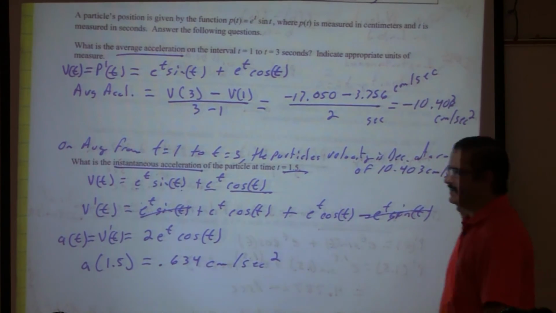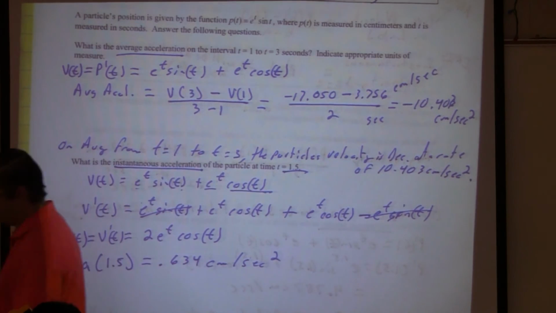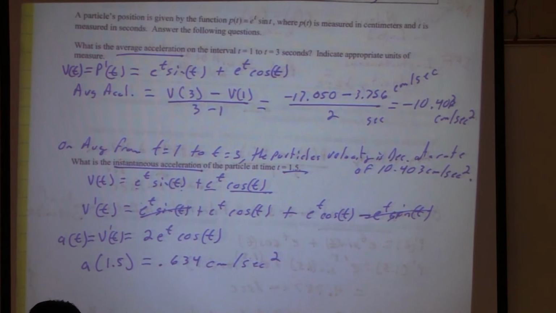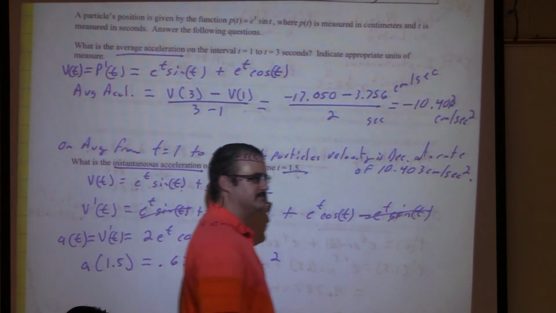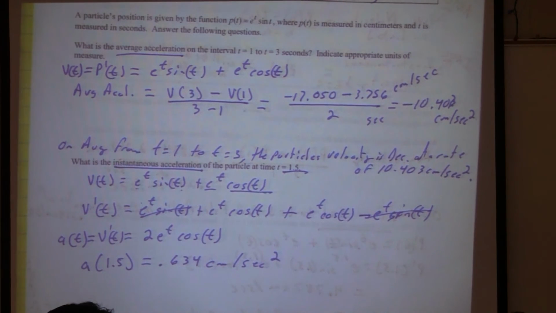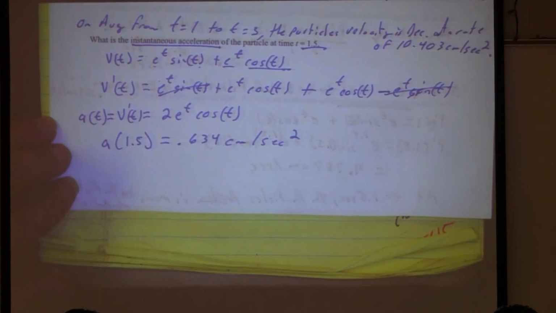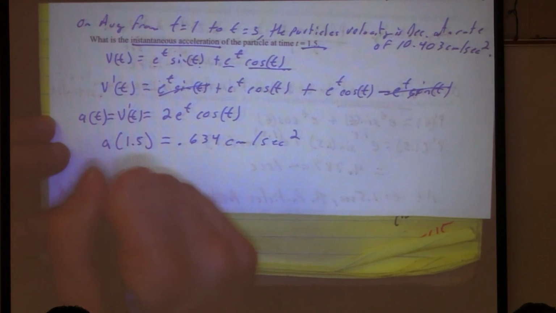Can we use acceleration to describe the position? No? Yeah, concavity. If you relate to concavity. I don't think so. Alright, how about the bottom one?